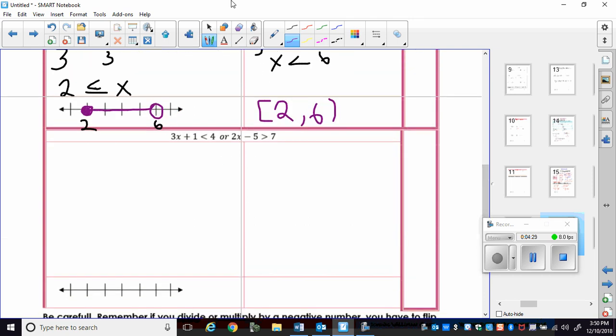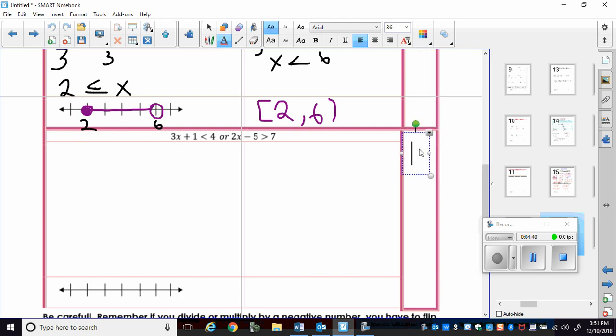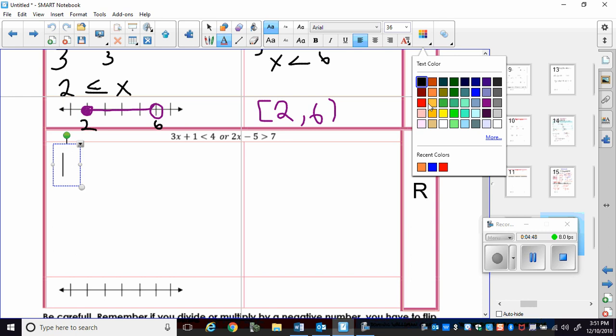Now the next one, I'm going to type it. And the next one is an or statement. So I'm just going to come over here and type "or." Okay. This is an or statement, and so all I have to do is separate these two. I don't have to do a lot of work like I did before.